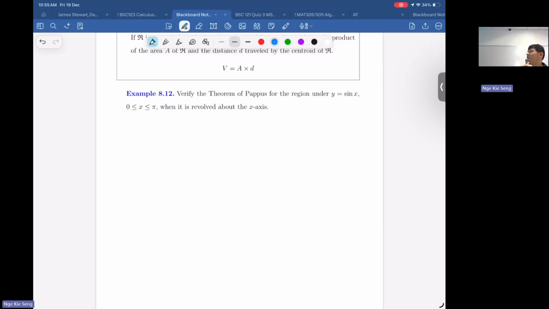No need, the template is available. So you search Overleaf Beamer. You use this Beamer here. There are templates here, you can just use it. It will look something like this.